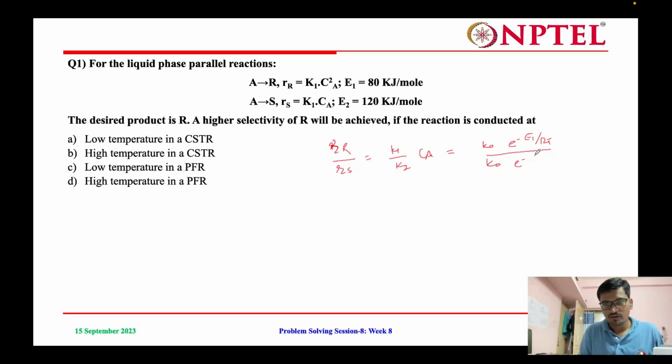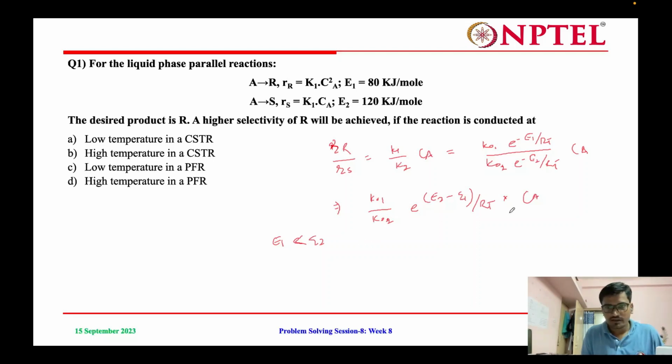So it is e to the power (E2 minus E1) divided by RT into C. Here E1 is less than E2, right?